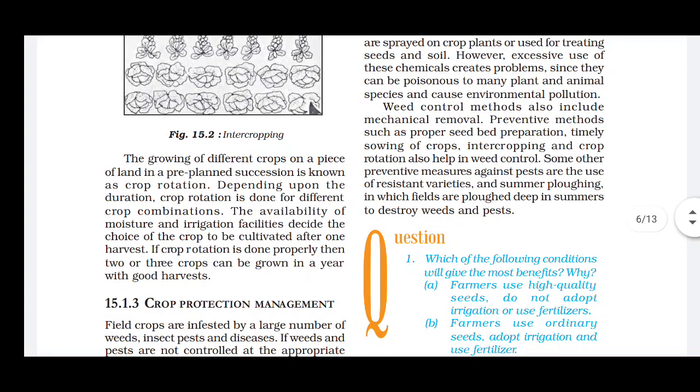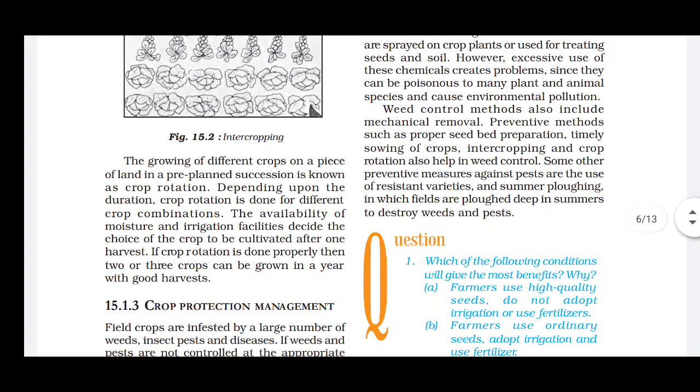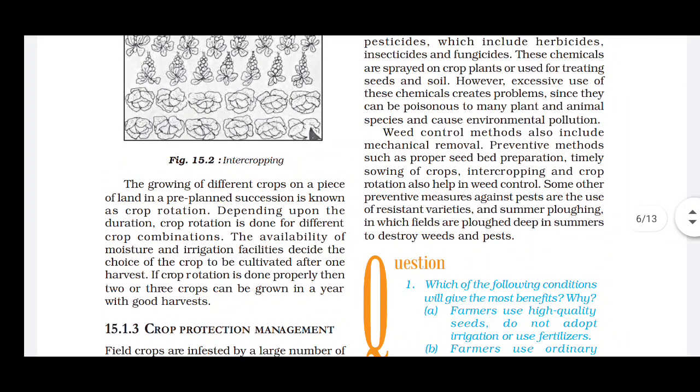The third one is crop diseases. Diseases in plants are caused by pathogens such as bacteria, fungi, and viruses. These pathogens are present in the soil and transmitted through the soil, water, and air. These crop diseases can be controlled by the use of pesticides like herbicides, insecticides, and fungicides. These pesticides are sprayed on the crop plants in limited amounts.